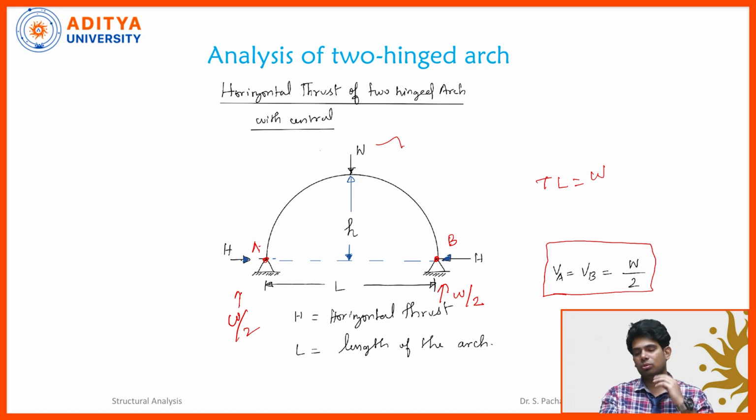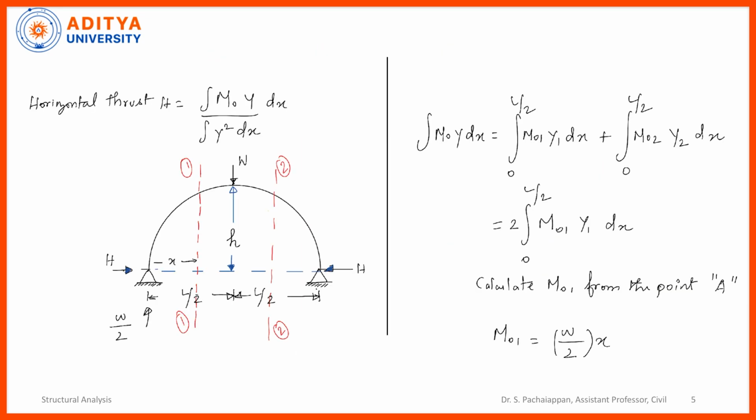Now we need to consider two sections, one on the left side of the load and another on the right side of the load, add both, and then integrate. This is the formula for the horizontal thrust, which we discussed in earlier lectures: integral of M naught y dx divided by integral of y square dx.